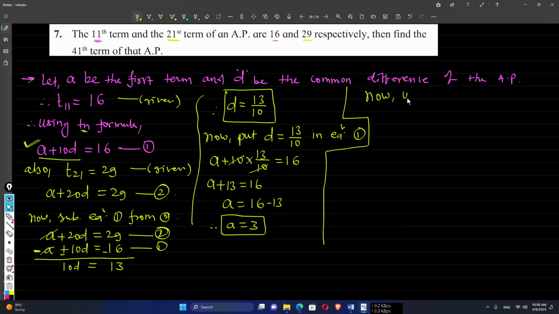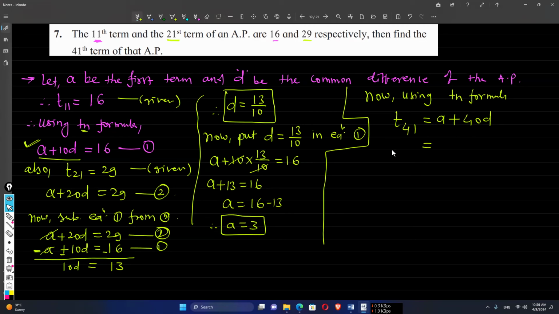Now using the Tn formula, T41 can be written as a plus 40d. So it is nothing but the modified form of the original Tn formula.